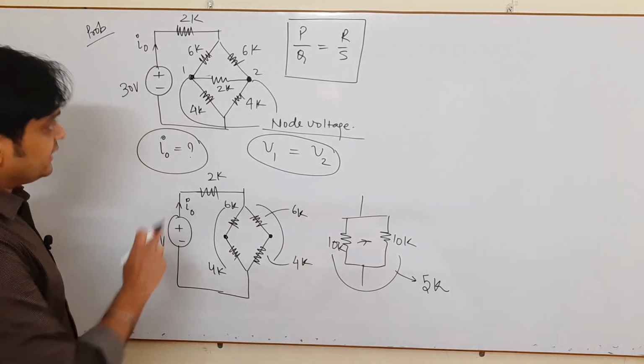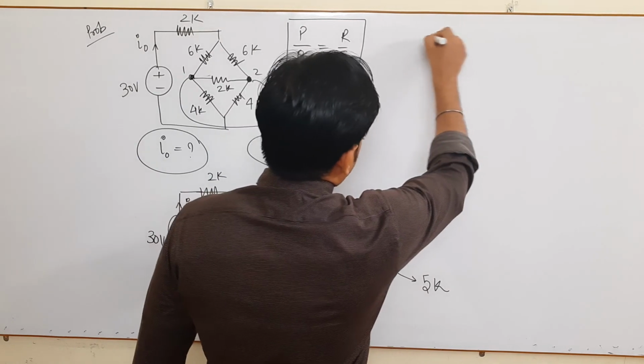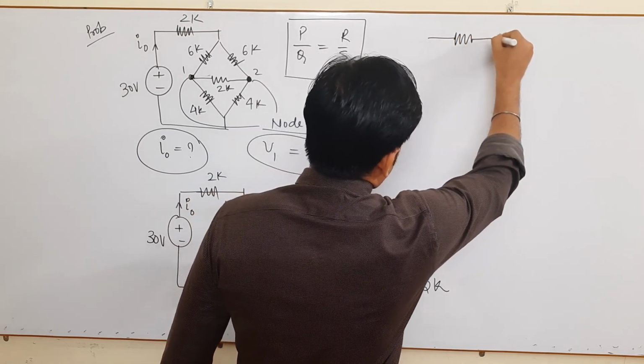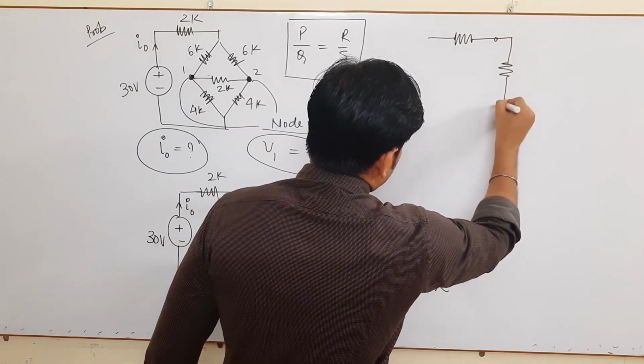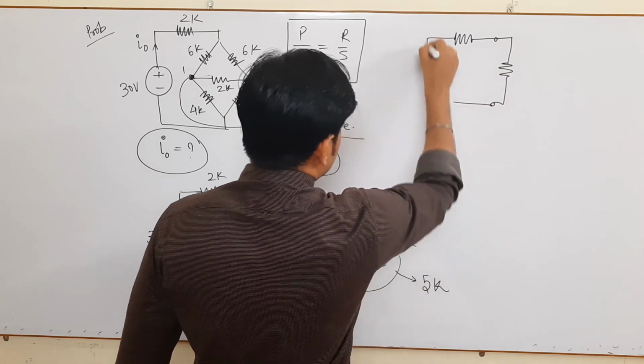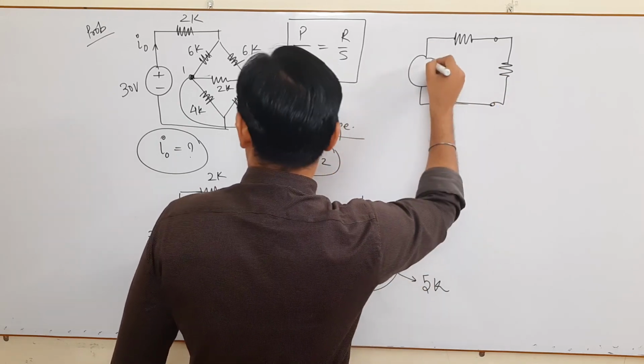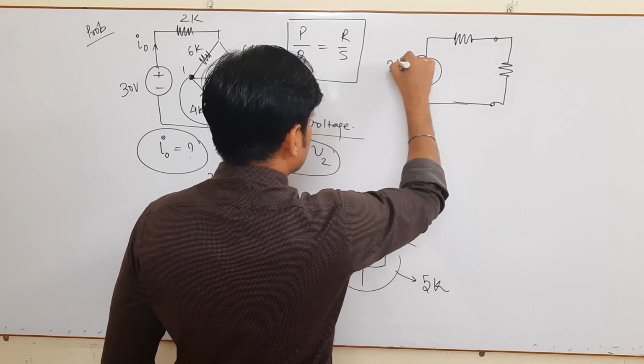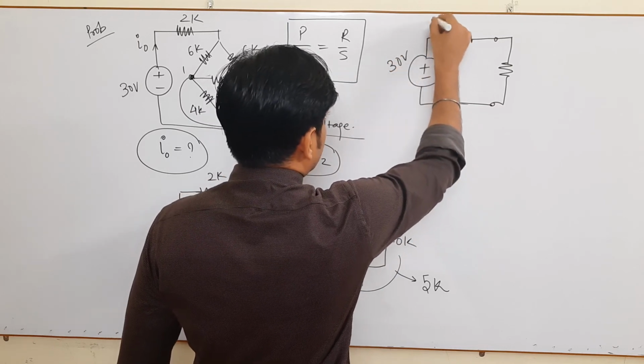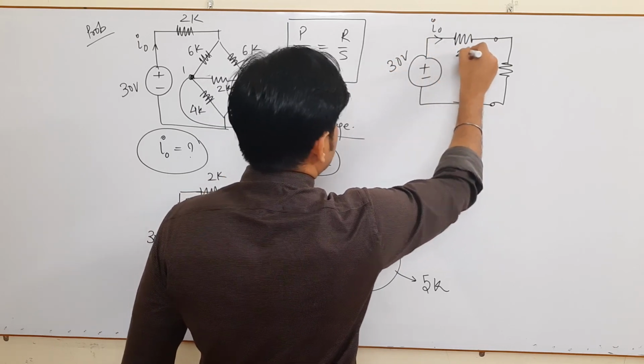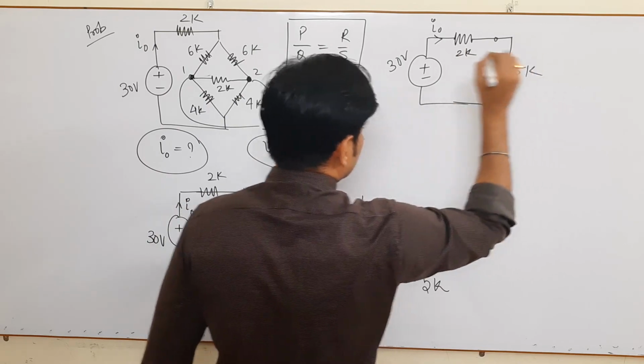So can I finally redraw this network? This is a simple network now consisting of the condition I mentioned here. This is your 30 volt, this is your current I naught, this is 2K, and this resistance comes to be 5K.